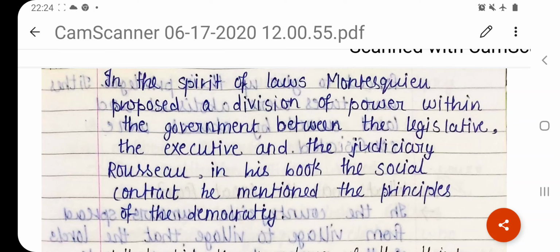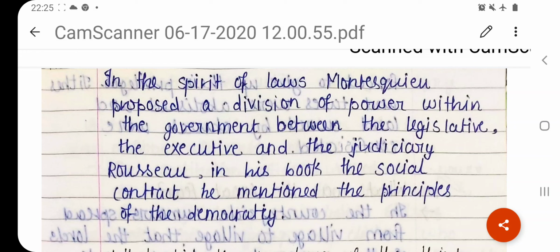The reason they are divided is so that power is not based in any one person or any one body, and all three of them work with each other as well as against each other in the sense of checks and balances. The strongest, which has checks against the legislature and executive, is the judiciary, the court. So in case any minister, any executive person does wrong to us, we can always go to the judiciary.